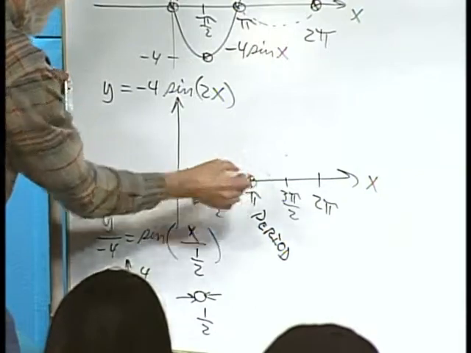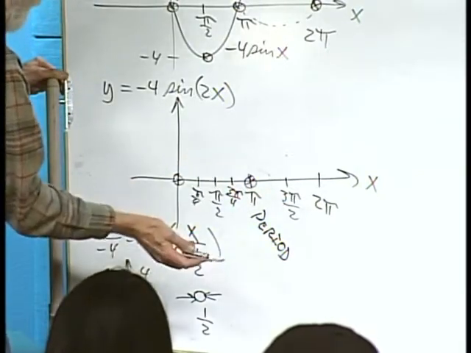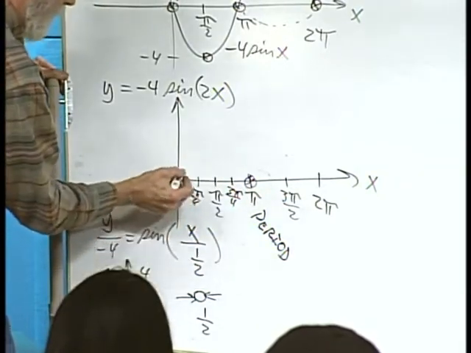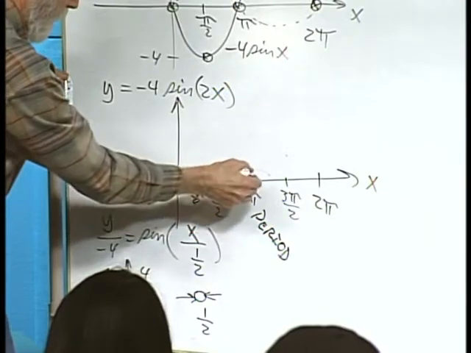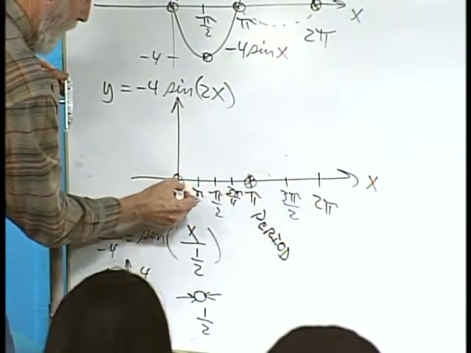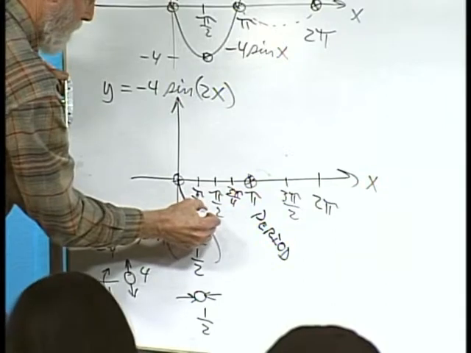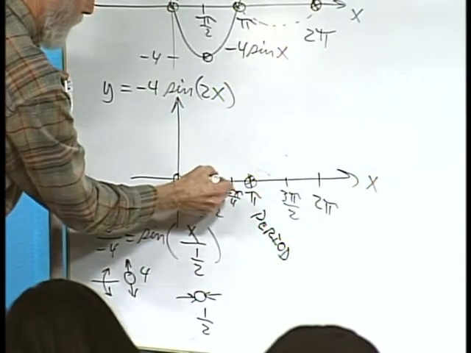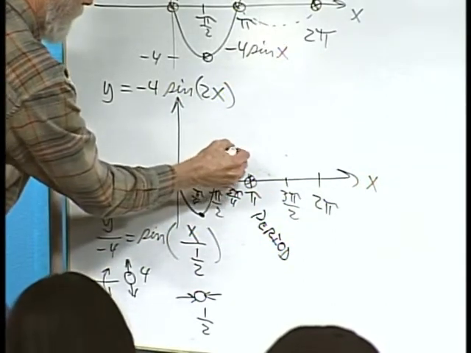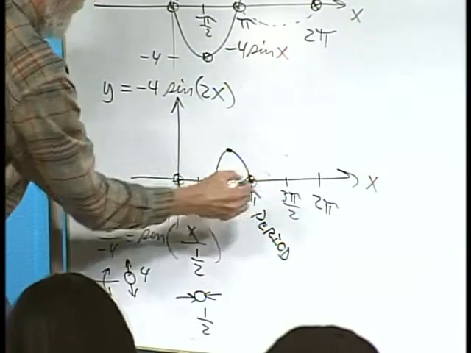And then finally we get to pi. And so then we're going to lay on that upside down sinusoid and let it finish a cycle in this distance pi. So we drop down to a bottom, come back to a 0, go up to a crest, and drop to a 0.